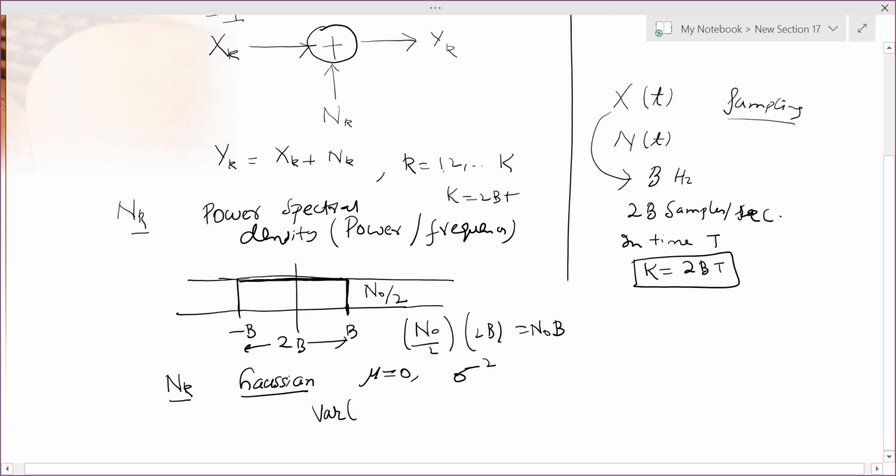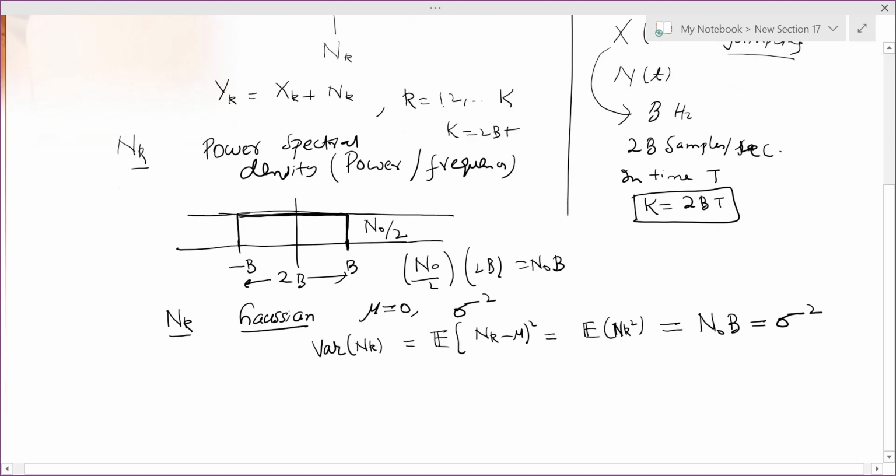Variance of this noise is simply expected value of nk minus mu square. Since mu is 0, it is expected value of nk square. But expected value of nk square is also the average power, which is n naught b, and this is the same as variance, so sigma square is equal to n naught b.